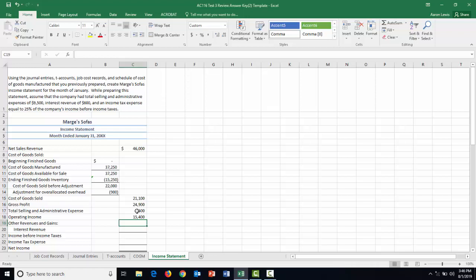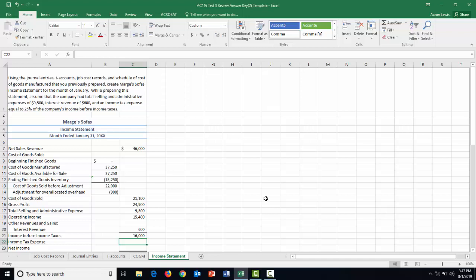For our other revenues and gains, that's going to be any positive income that we had from something besides our normal course of business, which is producing sofas and recliners, etc., which is going to constitute this interest revenue. We had $600 in interest revenue, so let's fill that in the interest revenue line. And when we add together our operating income plus our interest revenue, we're going to come up with $16,000.